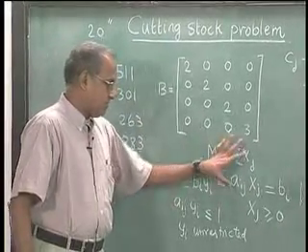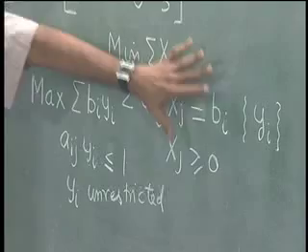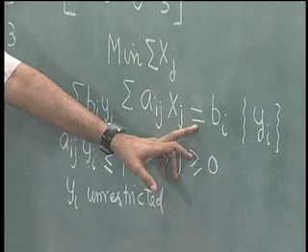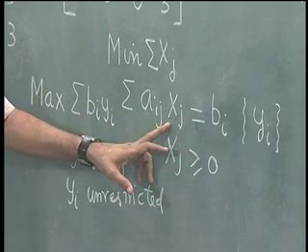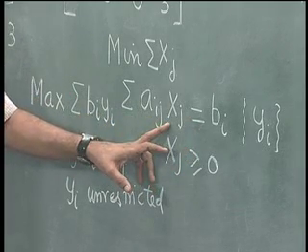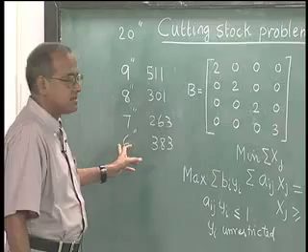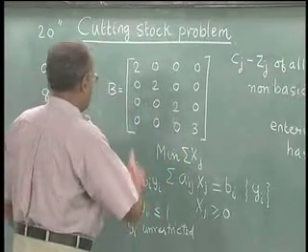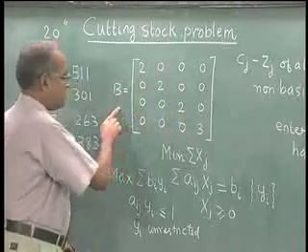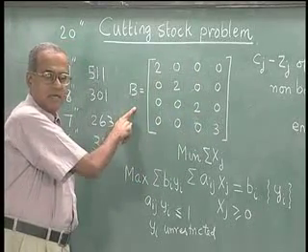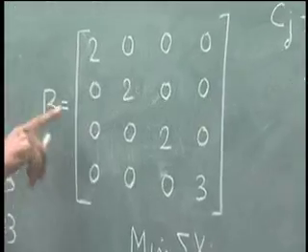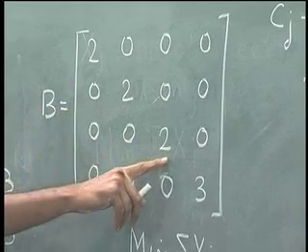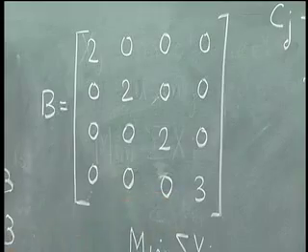We also formulated this problem by making this an equation, considering an exhaustive set of patterns where the waste can even be more than 6. Now, we started the solution by considering this basis, which means considering patterns that use only 9 inch, only 8 inch, only 7 inch and only 6 inch.